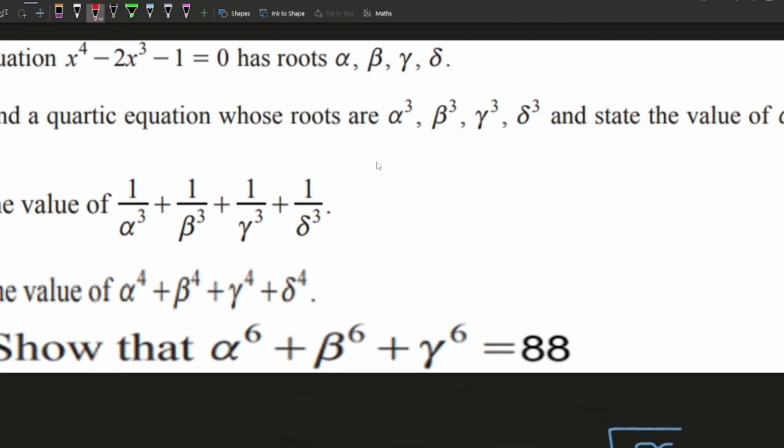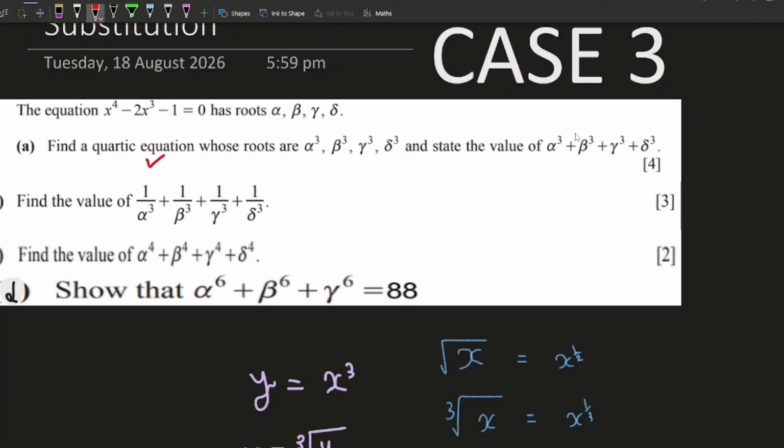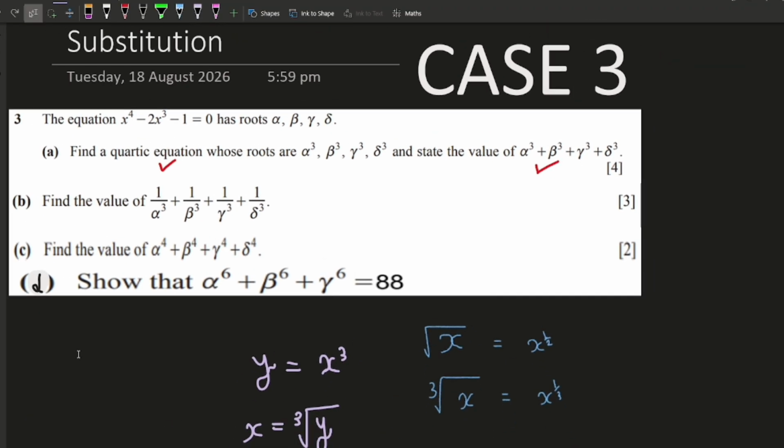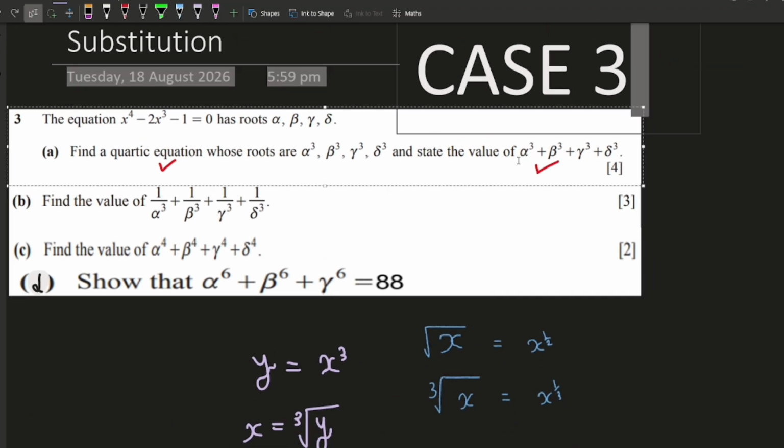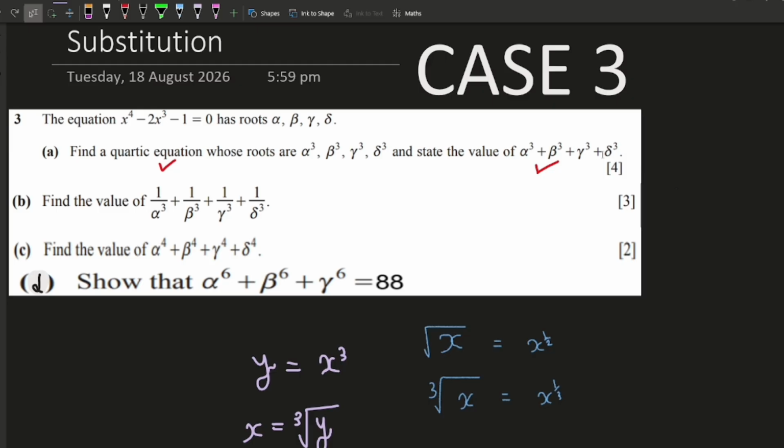We have fulfilled the first condition of finding the quadratic equation. Now we have to find the value for this. So now we have to find the sum of cube of roots.